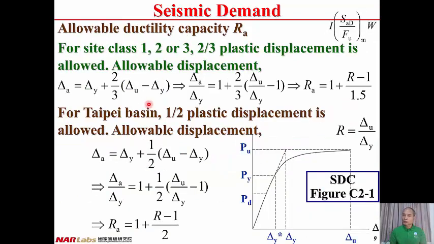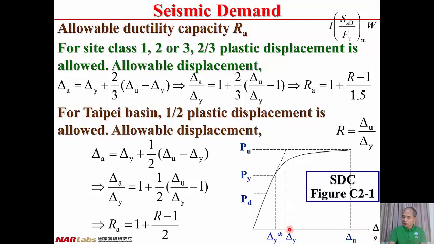For site class 1, 2, or 3, only 2/3 of the plastic displacement is allowable, so that the allowable displacement delta A equals delta Y plus 2/3 times (delta U minus delta Y). Delta Y is the yielding displacement, and delta U is the ultimate displacement.